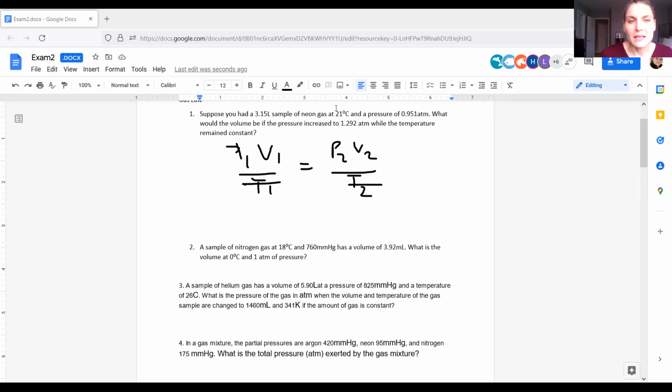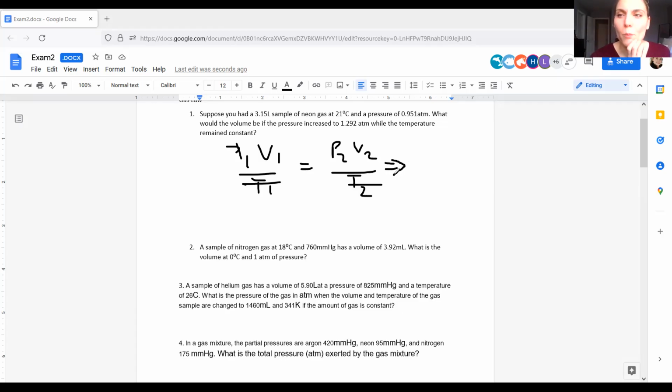So now what it says is suppose you had a 3.15 sample of neon gas at 21 degrees Celsius and a pressure of 0.951 atm. What would the volume be if the pressure increased to 1.292 atm? So what are we solving for here? Are we solving for P1, T1?